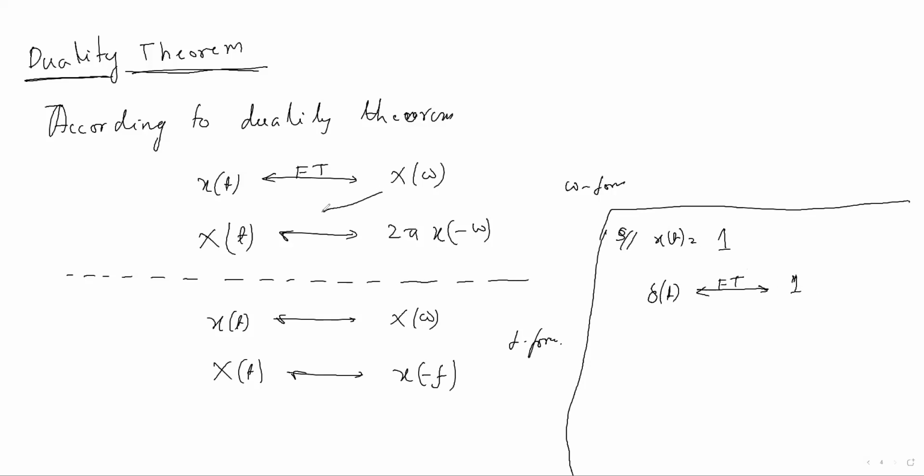So if you see the formula, we just bring this 1 to this side. If you bring this 1 this side and take the Fourier transform, this will come this side. And if you write it in omega terms, minus omega would be there, then you have to multiply by 2 pi. Or you can write like this also, delta of minus f.